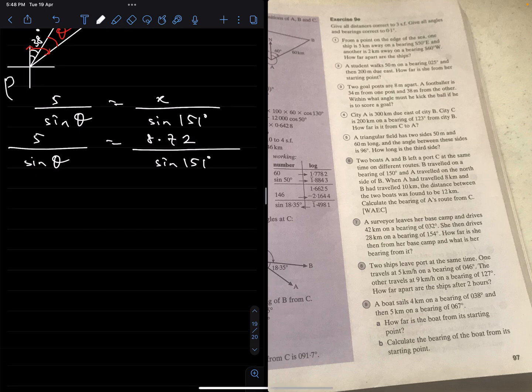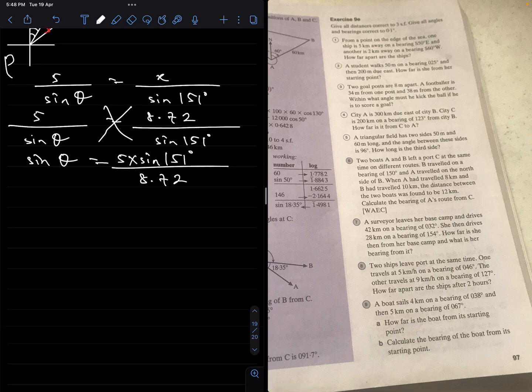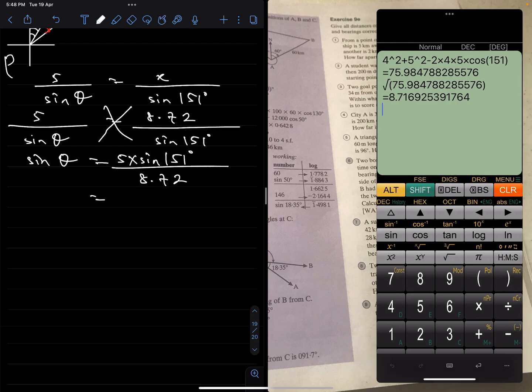If I cross multiply and make sine theta the subject, I'm going to get 5 times sine 151 degrees over 8.72. So sine theta will be 5 sine 151 degrees over 8.72.